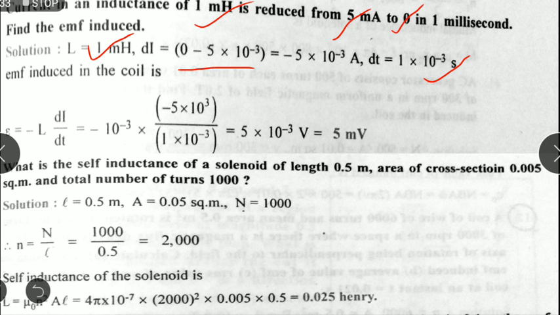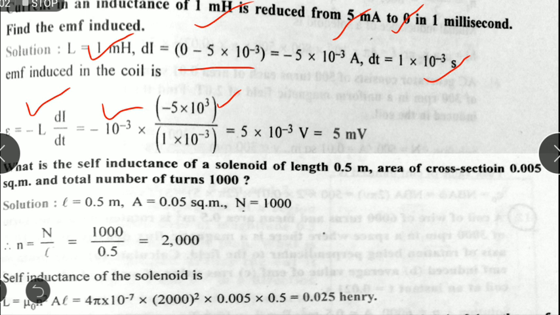Next, the EMF induced in the coil is given by the formula. What is that formula? E is equal to minus L di by dt. What's the value of L here? Simply 1 milli, that is 10 raised to minus 3. What's the di value? Minus 5 into 10 raised to minus 3.